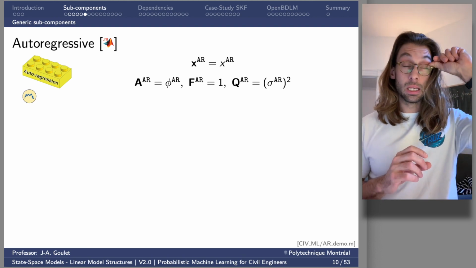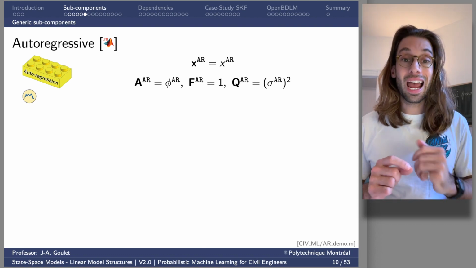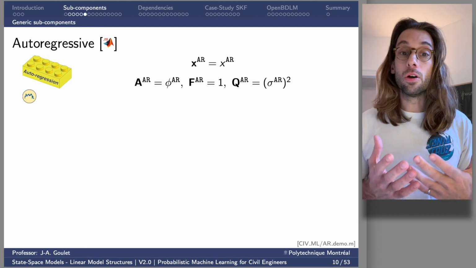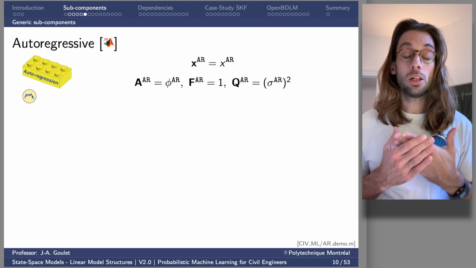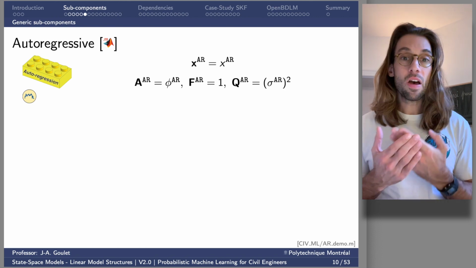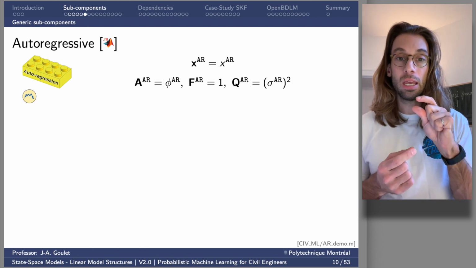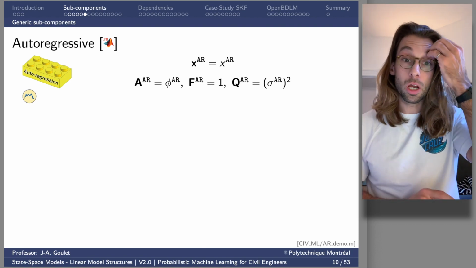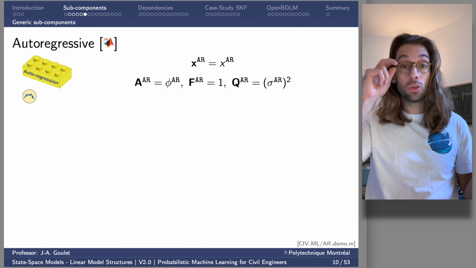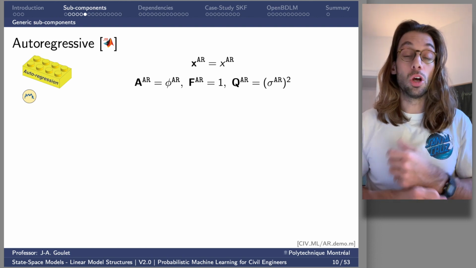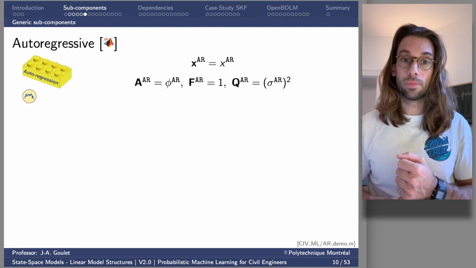Since we are trying to model a time-dependent quantity, because we're looking at time series, the errors we make with our linear model are also going to be time-dependent, meaning that if I have a given error at time t, I'm likely to have a very similar error at time t plus 1. So typically the autoregressive component is there to capture those time-dependent errors, okay?